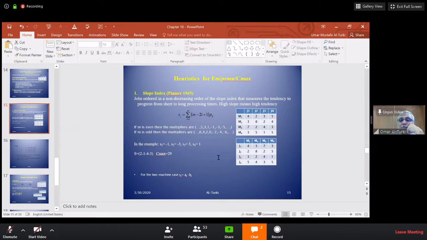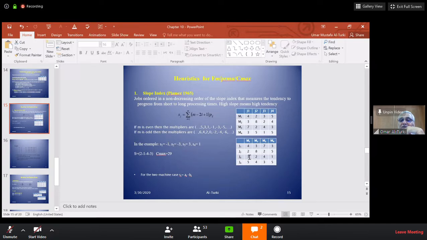Now S2: 2 multiplied by 3, 6. 8 multiplied by 1, 14. 2 multiplied by minus 1, 12. 3 multiplied by 15, minus 3 multiplied by 5, minus 15. Minus 15 plus 12, minus 3.